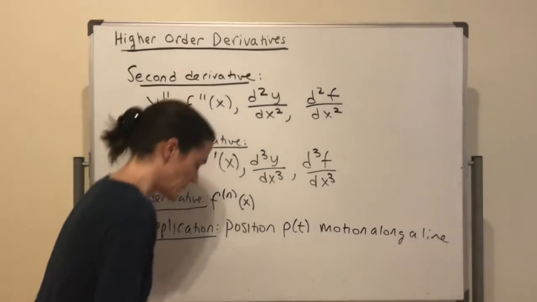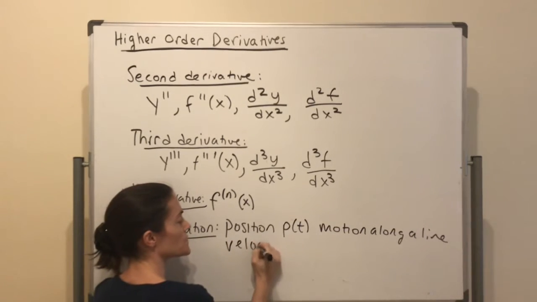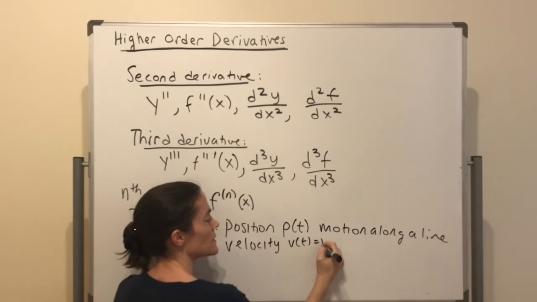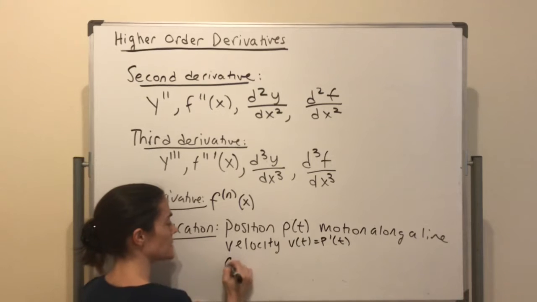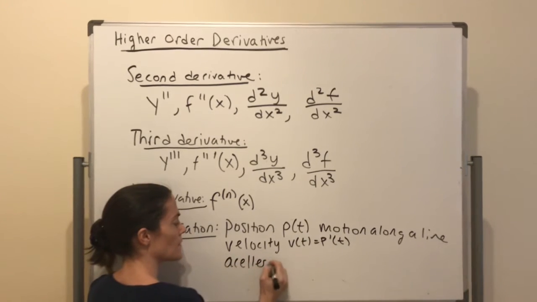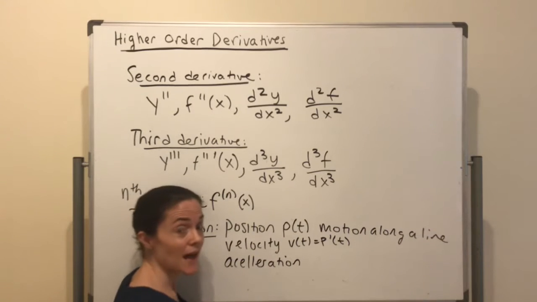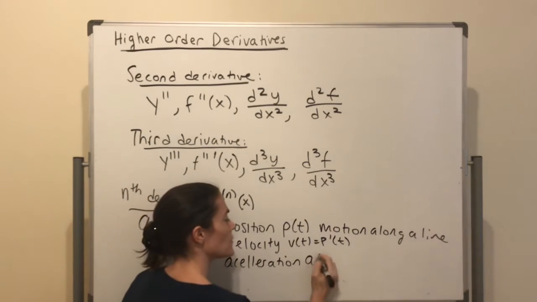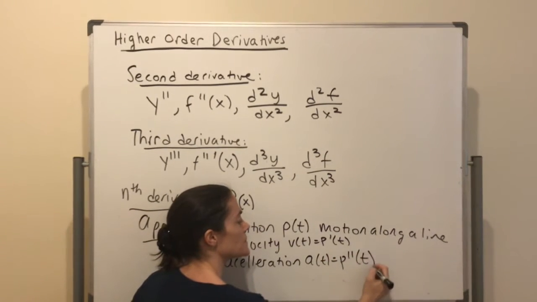Then the velocity is the first derivative, v of t is p prime of t. And acceleration is the derivative of velocity, but interpret it as a higher order derivative. This is the second derivative of position.